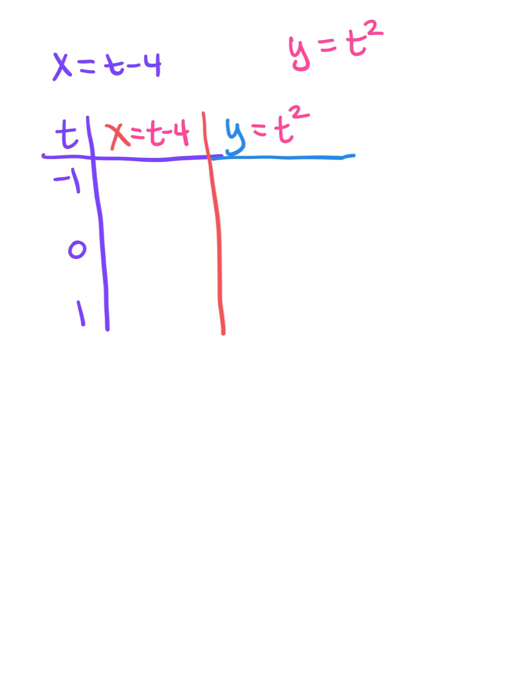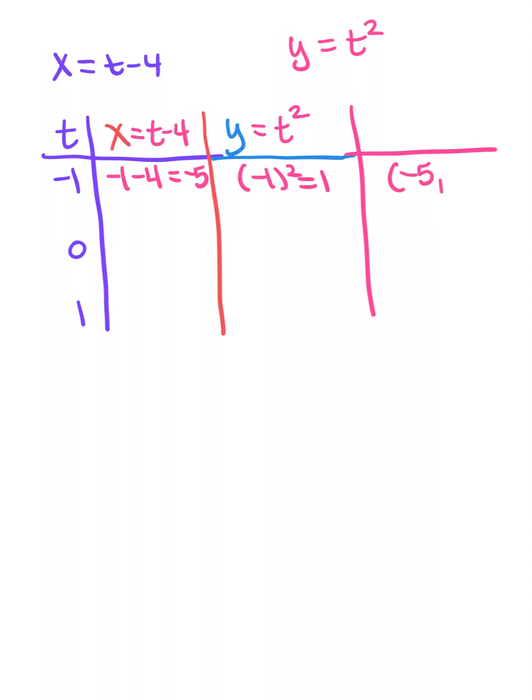So when I plug in negative 1 for t, for the x value, I get negative 1 minus 4, which is negative 5. And for the y value, negative 1 squared is 1. So my first point on the graph is x is negative 5, y is 1.